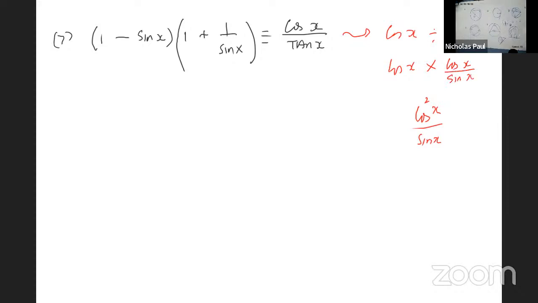You expanded wrong. You have to multiply it out properly, right?